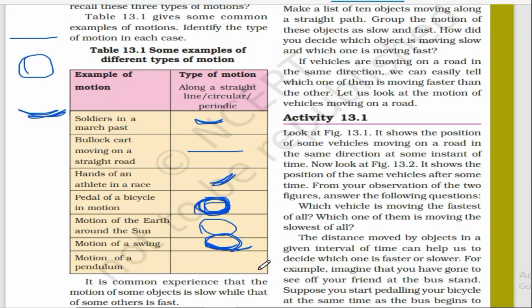And the motion of the pendulum, you all know, is periodic motion, because it is a motion constant in time. If suppose here is E and here is B, it comes from here to here, here to here, and back again, so this is called periodic motion.